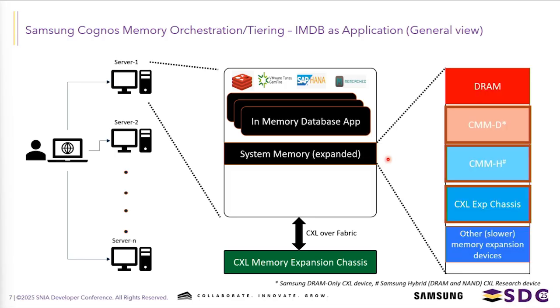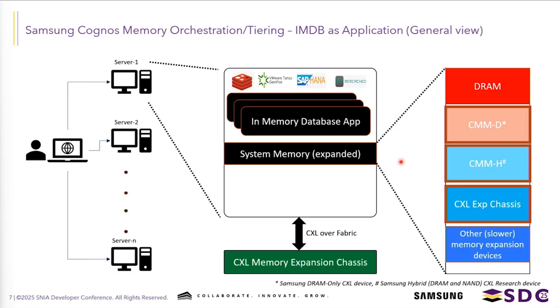If you expand the system memory, it comes from the same tier pyramid I showed earlier: DRAM on top is faster, and the ones at the bottom are slower but higher capacity. We just arranged it based on that.